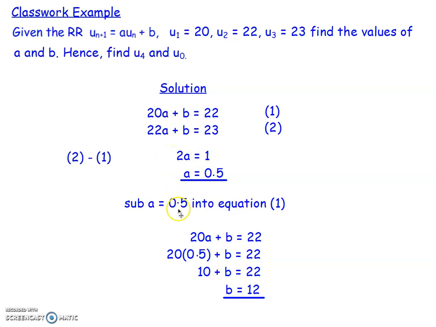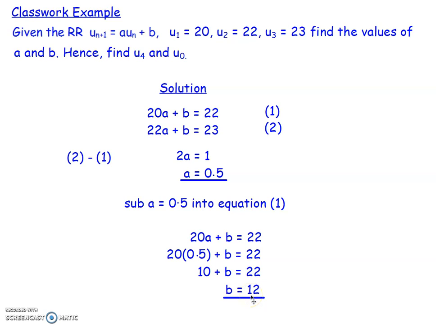We then take the value of 0.5 and we sub it into either equation. We're going to go for the first one just because the numbers are slightly easier. So 20a plus b equals 22. 20 times 0.5 plus b equals 22. 20 times 0.5 is 10. Subtract 10 from the 22, b equals 12.